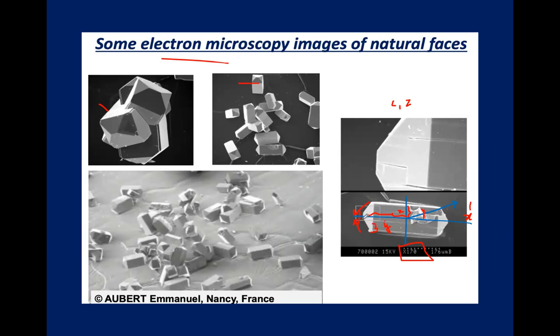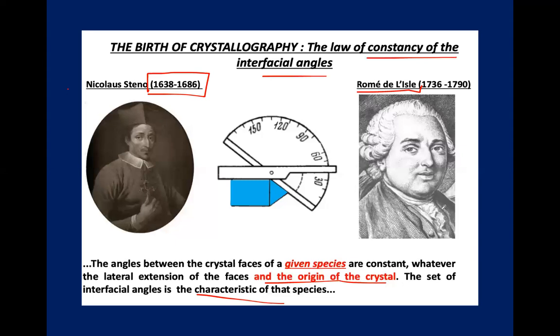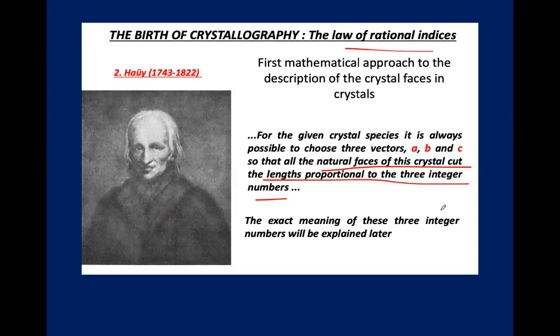Here you can define it as 3 sections, here just 1, and maybe the other direction 2. So there is some kind of relationship. This relationship was discovered in the 1700s. It's more or less a mathematical approach.